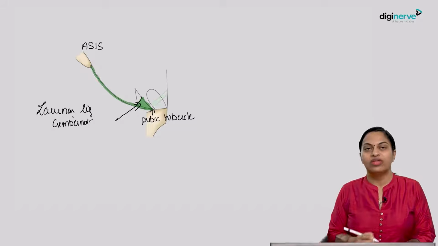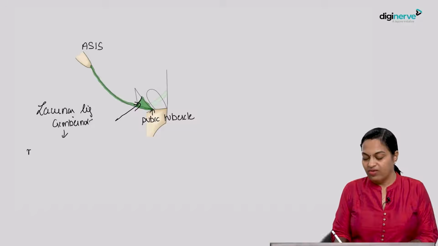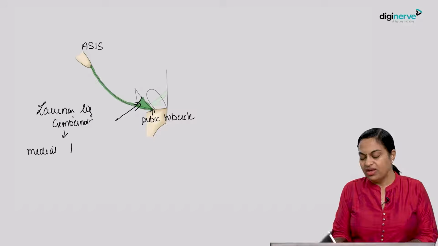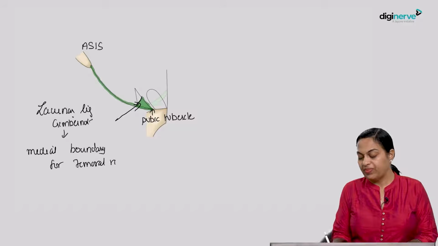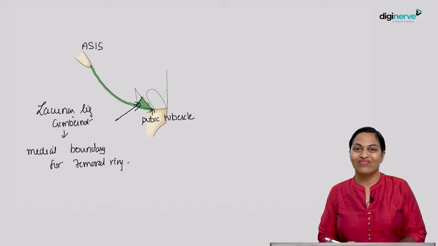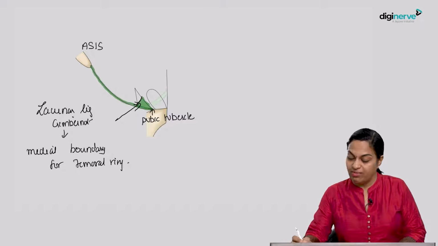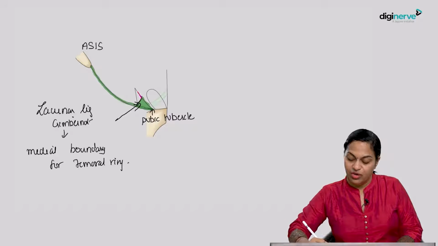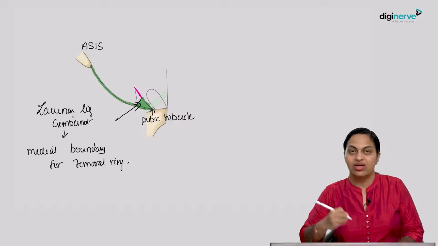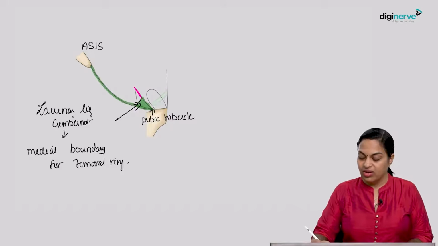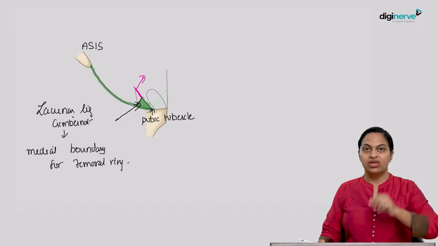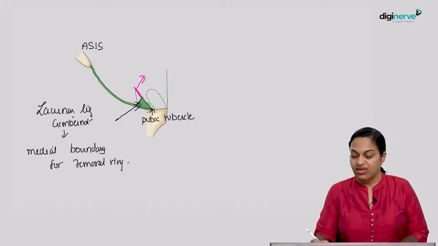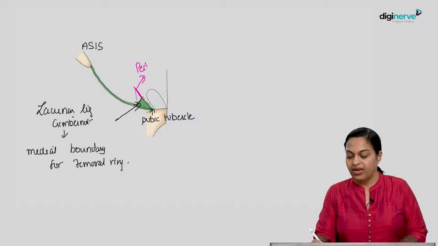The base of the lacunar ligament forms the medial boundary for the femoral ring. Fine. Some of the fibers will continue from the base of the lacunar ligament to reach the iliopubic eminence, right? These fibers are called the pectineal ligament of Cooper.